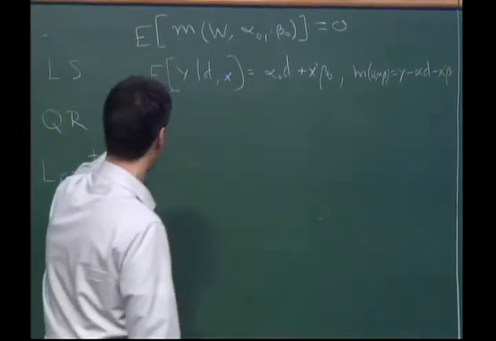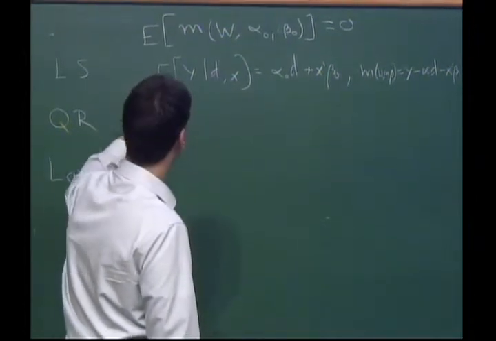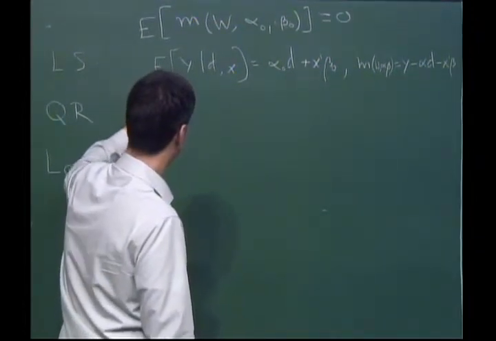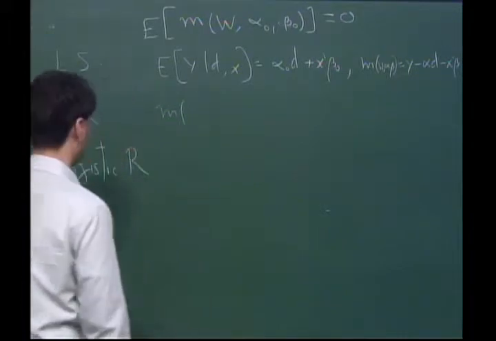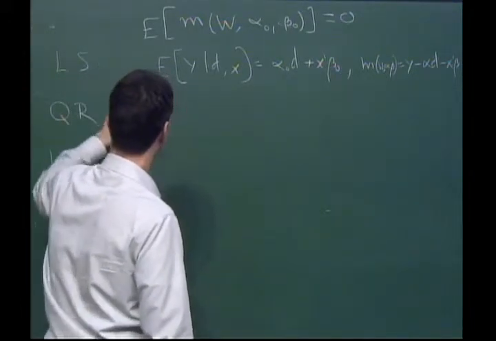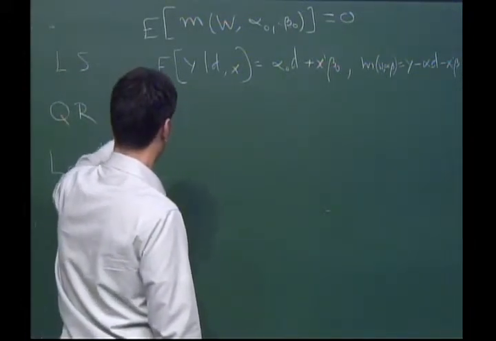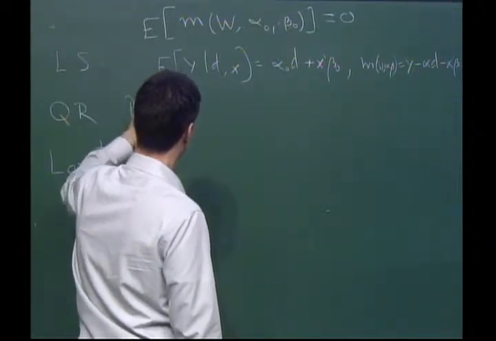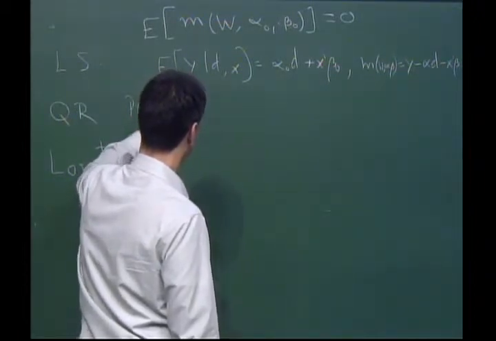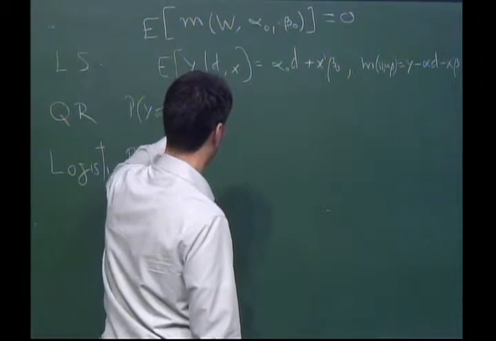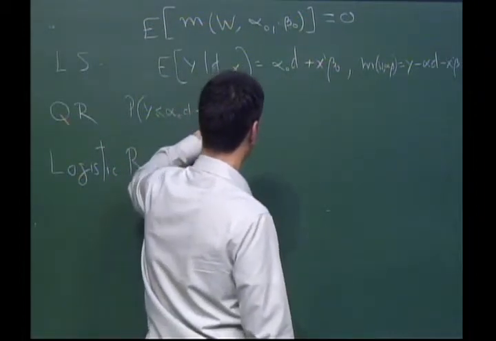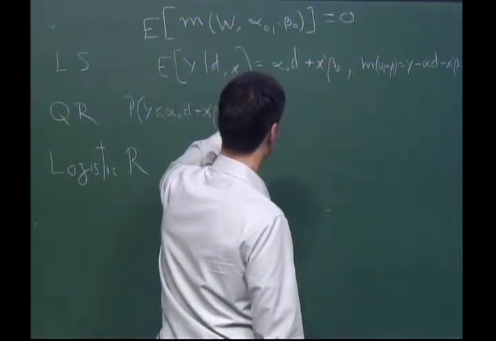In the case of quantile regression, our moment equations are: we have the probability of Y less than or equal to alpha tau D plus X beta tau, given D and X, equal to tau.